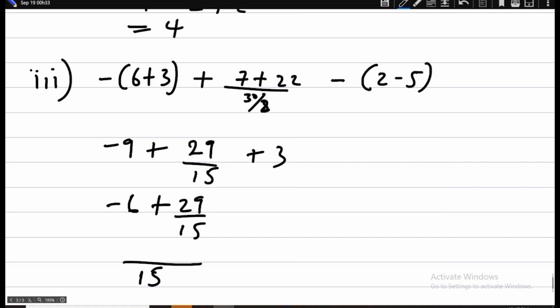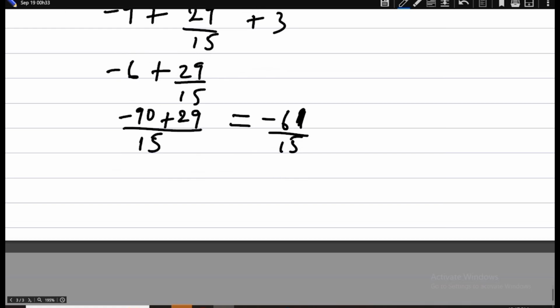So I have minus 90 plus 29, which will give us minus 61 over 15. Okay, so we'll go to IV. Let me add another page.